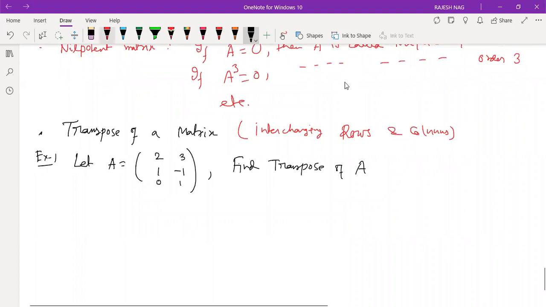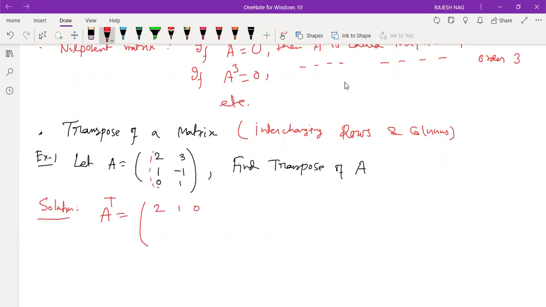What is the meaning of transpose? Transpose is another matrix, represented by AT, A transpose. Just write 1, 2, 0.